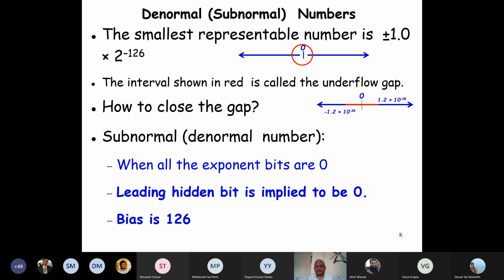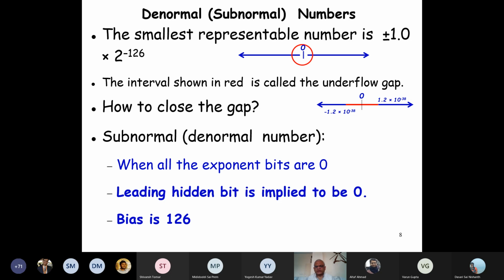What about 0.5 into 10 to the power minus 32? Or let's say 1.1 into 10 to the power minus 38. Or what about 1 into 10 to the power minus 39? So all those numbers, if you get in your computation, you will get an underflow if you didn't have some way to represent those numbers.